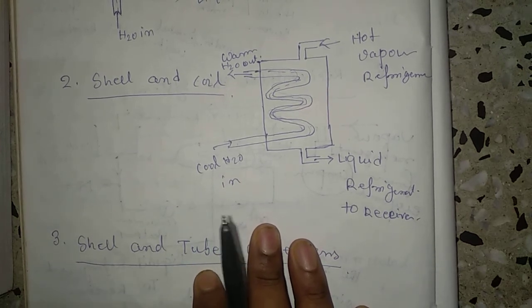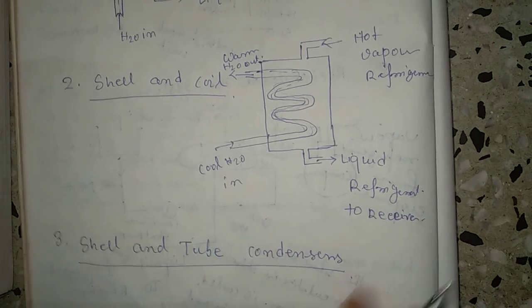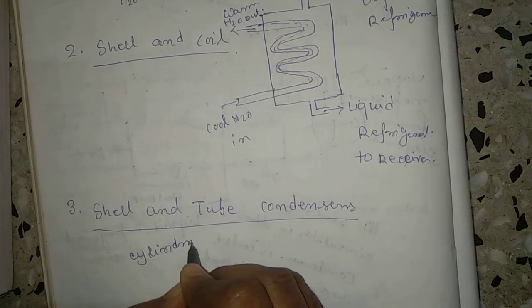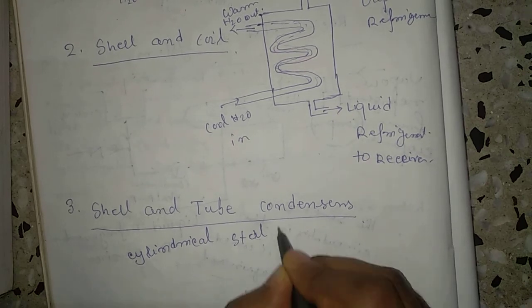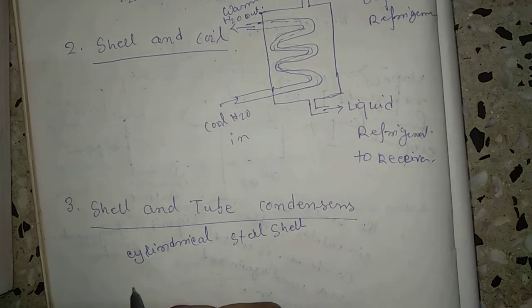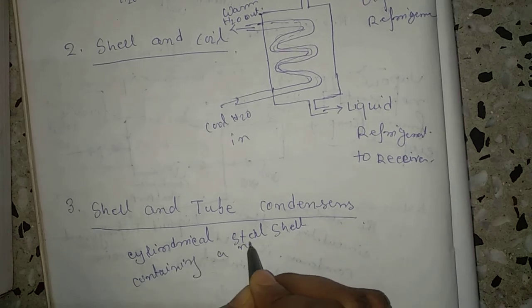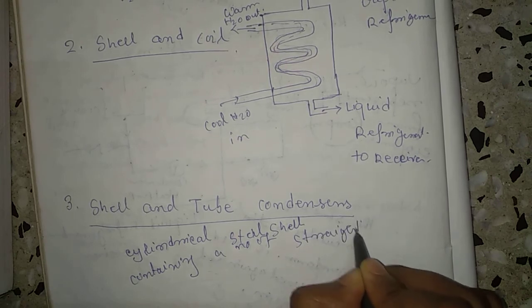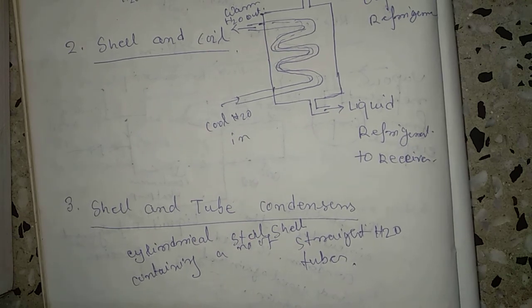It consists of a cylindrical steel shell, so just note down the point first: cylindrical steel shell, containing a number of straight water tubes, and the condenser works in the same manner.